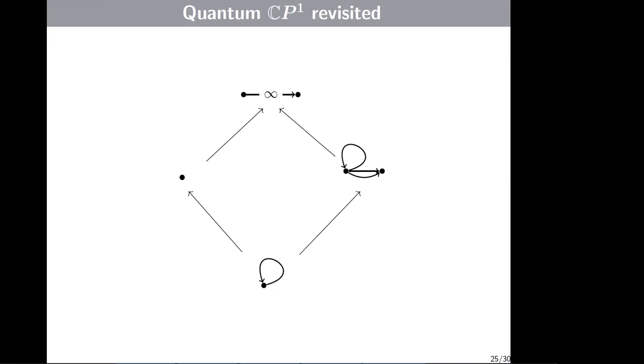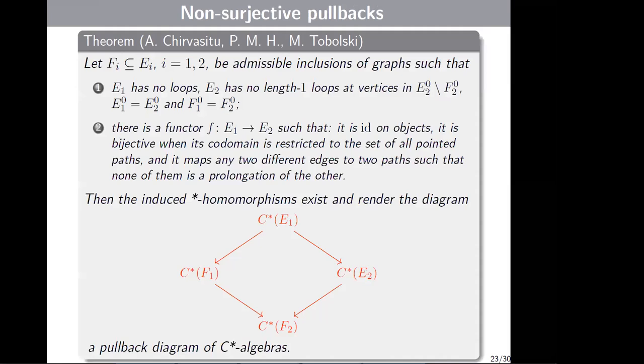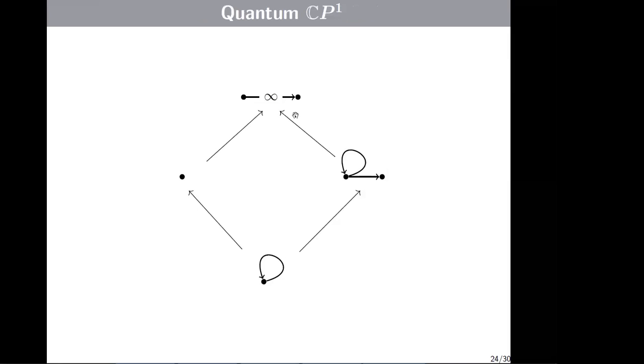Okay. Now here's the deal, and this is what we are working on to make it nice. Remember this assumption in the theorem that F must be a bijection onto the set of all pointed paths. A bijection can be inverted. So basically, when I write such an arrow, what I mean is the following.